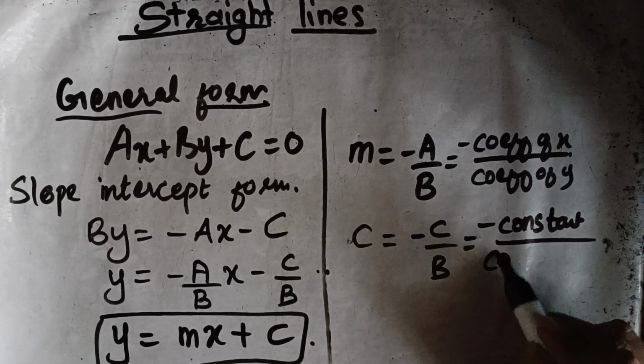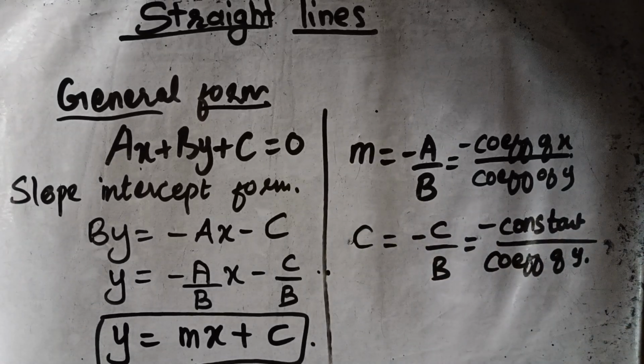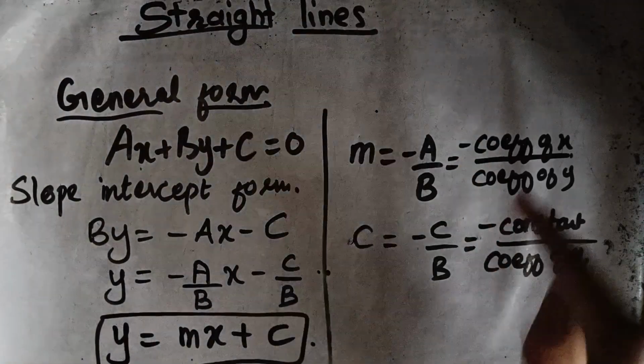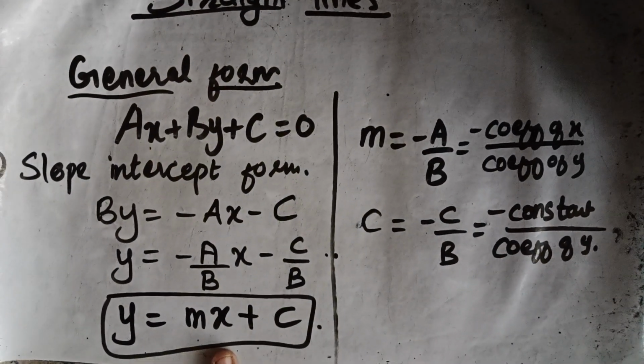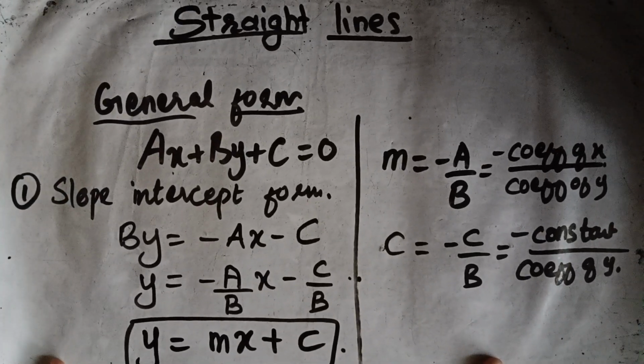So if you have the general form, you can directly write it in the slope intercept form.